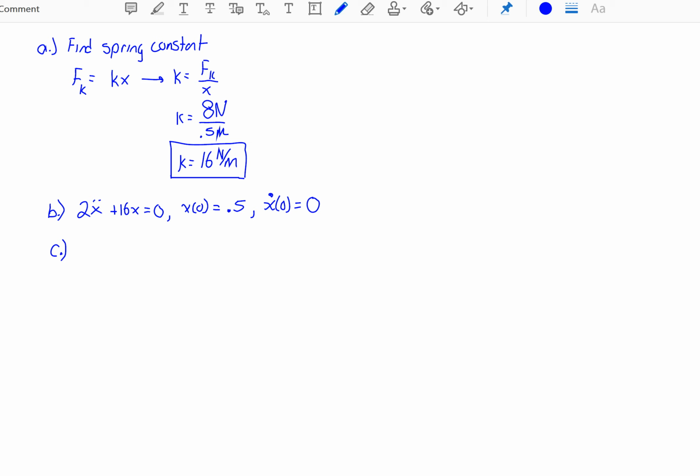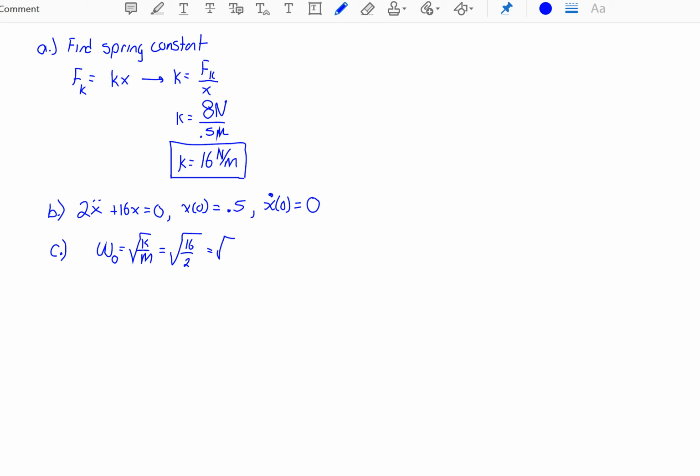I hope the first thing you did is you looked for your omega naught. Omega naught, remember, is going to be the square root of K over M. In future lectures, we'll be referring to this as the natural frequency of your spring mass system. But here we're going to write it as the square root of 16 over 2. Of course, 16 divided by 2 is 8.